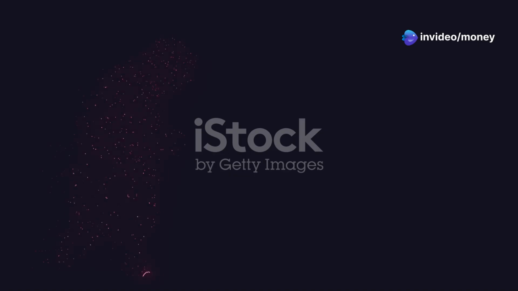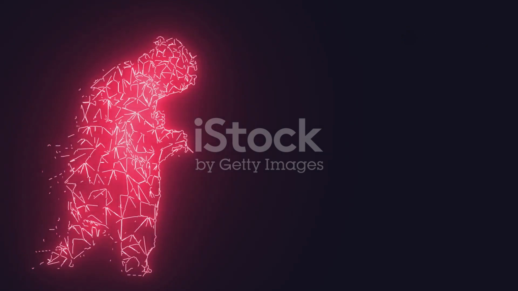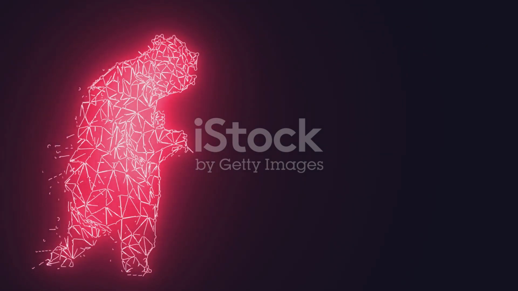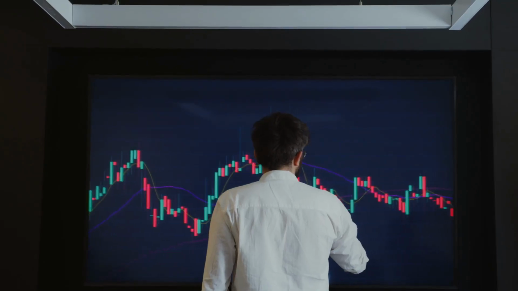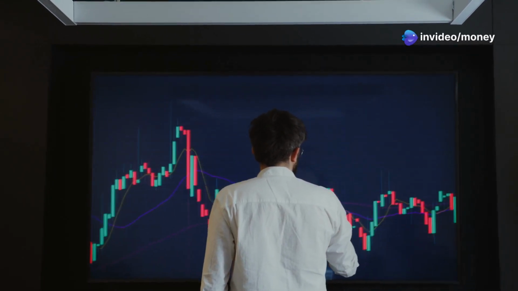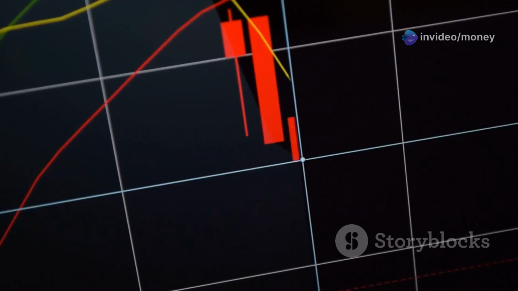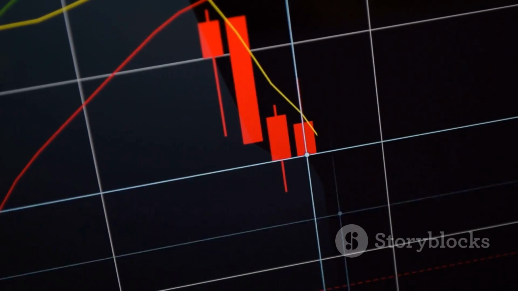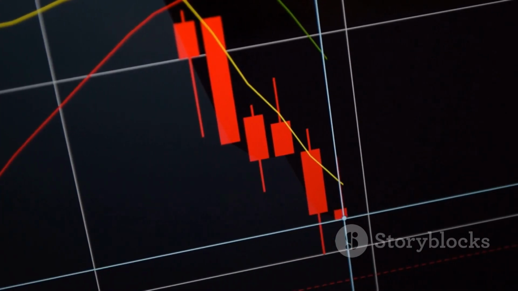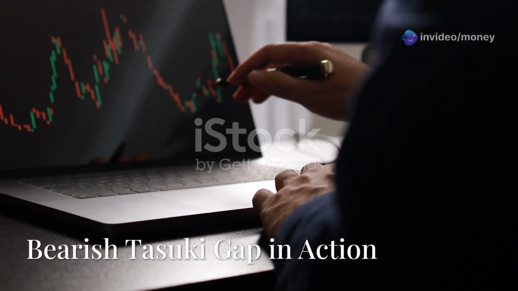The next candlestick opens within the gap, but then sells off, closing below the midpoint of the previous candlestick, effectively filling a portion of the gap. This price action indicates that the buying pressure might be waning as sellers step in, eager to lock in profits or initiate short positions. The bearish candlestick closing below the midpoint of the previous candlestick further reinforces the bearish sentiment, suggesting that the bears are gaining control.